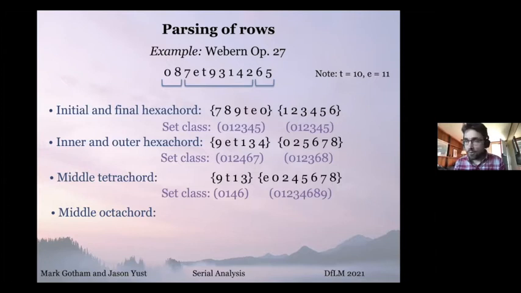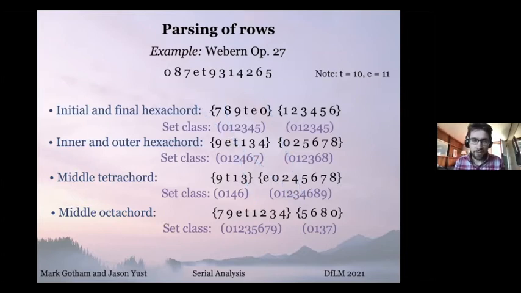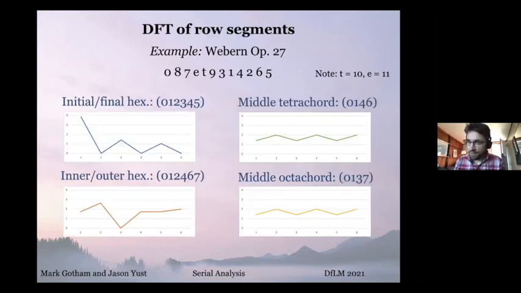To get one that overlaps that, I can take the middle octachord, or add together the 2 dyads at either end of the row. It just so happens that this is coincidental in this case, I think, that you get the other all interval tetrachord in this particular row. So what we'll do then is look at the spectra for all of those. And here's what this example would give us.